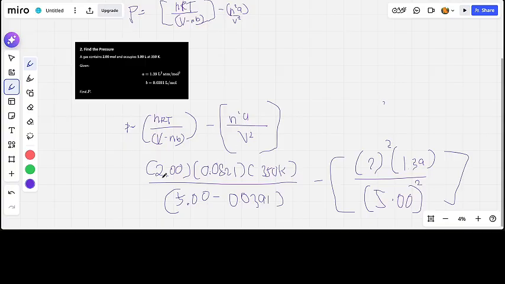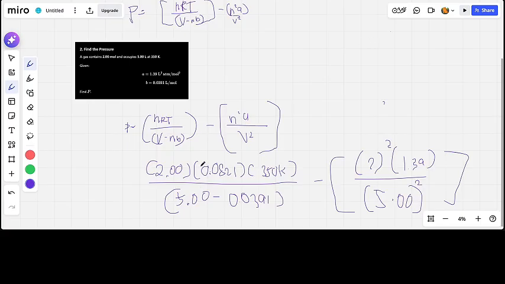I know I'm doing this right, as far as I know. I don't know what this guy is on. But Desmos is on 5.00 squared, 0.0391, 2.00, 0.0821.